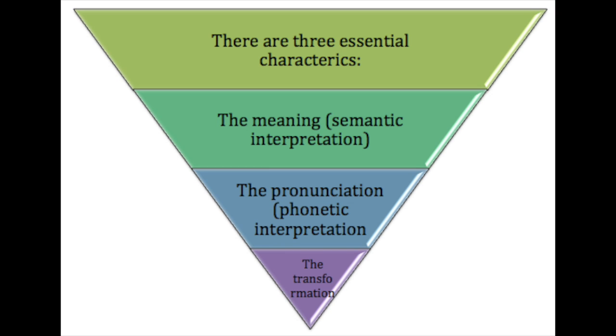There are three essential characteristics: the meaning or semantic interpretation determined from its deep structure, the pronunciation or phonetic interpretation determined from its surface structure, and the role of transformation, converting the semantically relevant level into the phonetically relevant level.